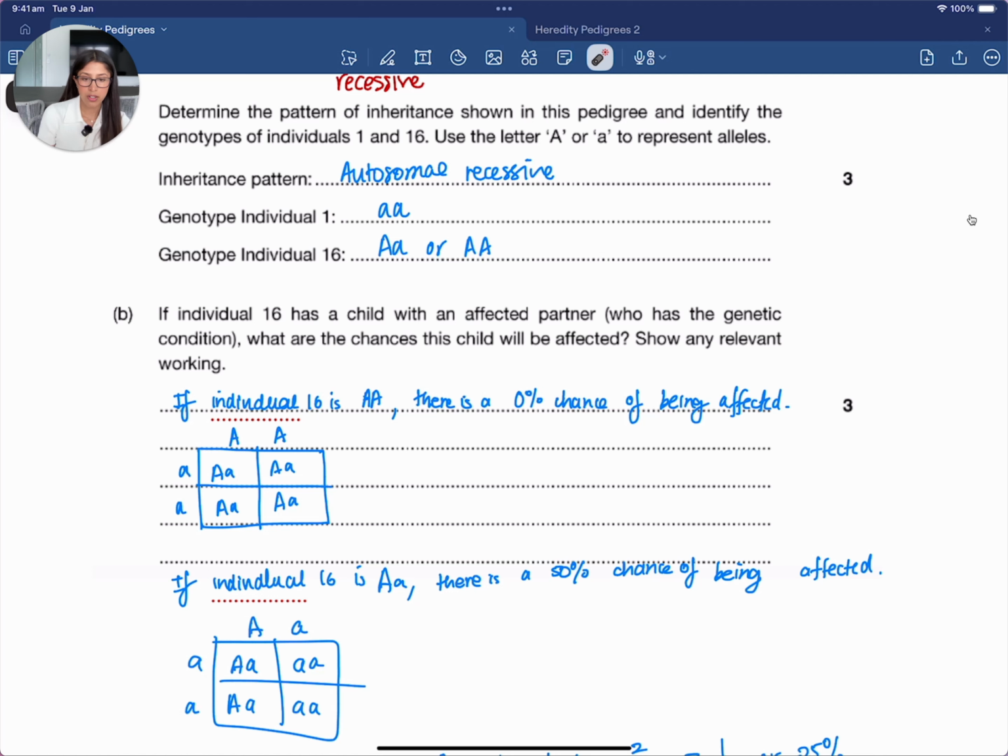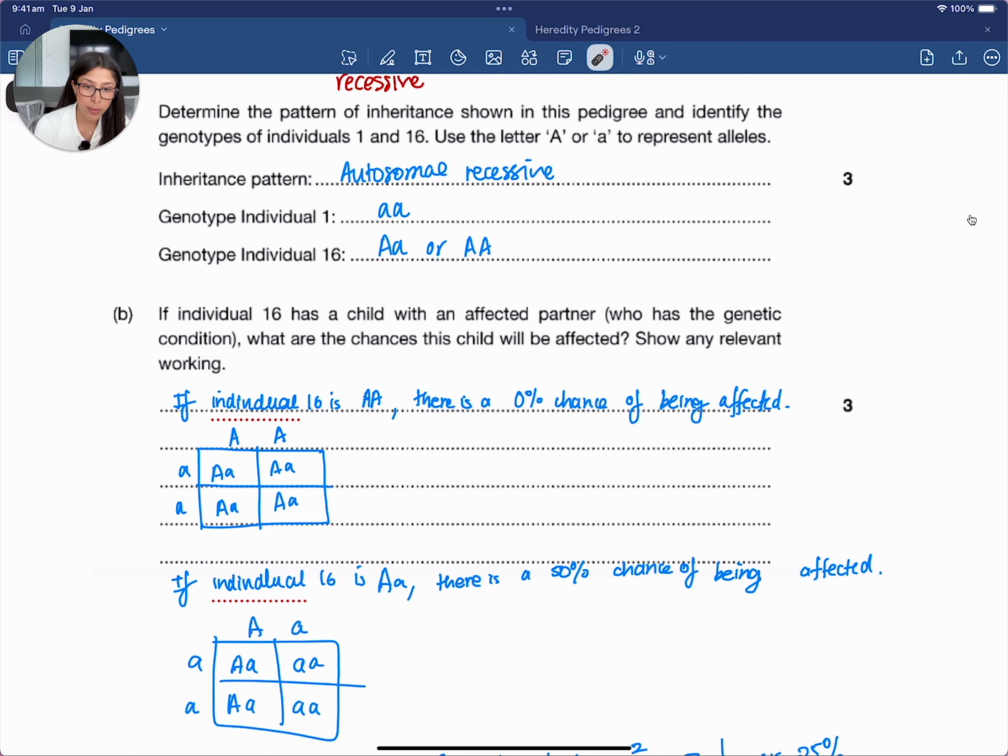Then you have scenario number 2. So if individual 16 is capital A, little a, if I do the Punnett square here, you can see in this box, they're unaffected, unaffected, affected, and affected. So there is a 50% chance here of being affected. And now I don't just end here, since I don't know what the genotype of individual 16 is.